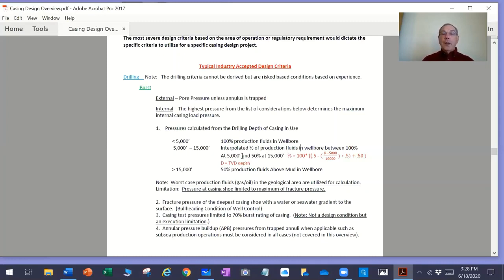For every 1,000 feet above 15,000 feet, you add 5%. So at 15,000 feet, it's 50% production fluids. If you came up to 14,000 feet, it would be 55% production fluids. But I have put the little formula over here that you can use to interpolate to come up with your fluid level in the wellbore.